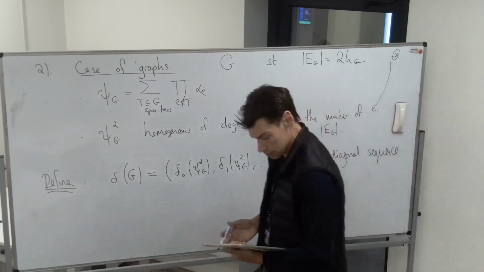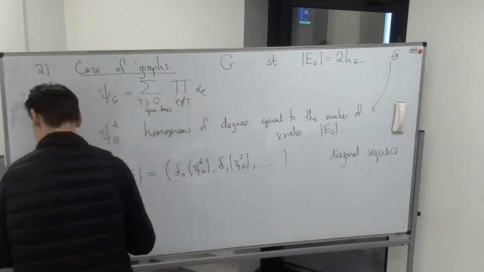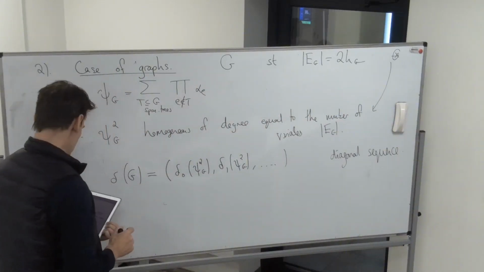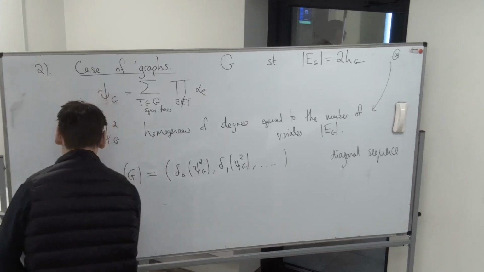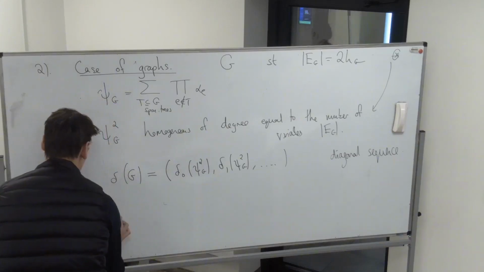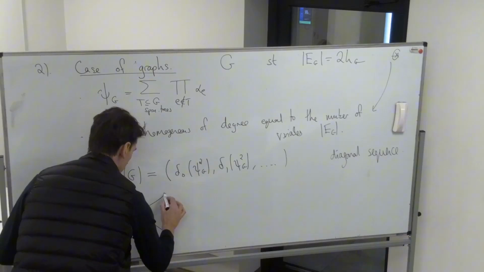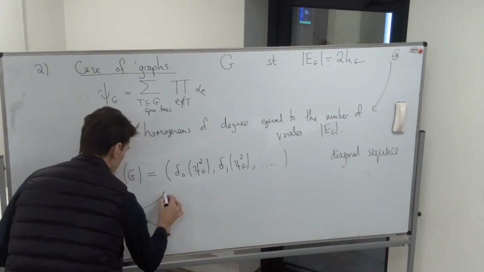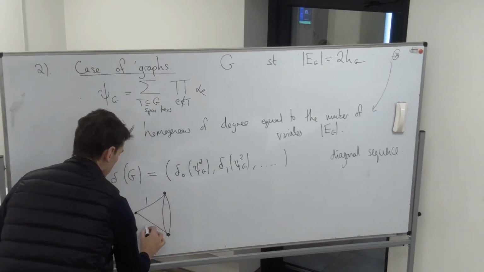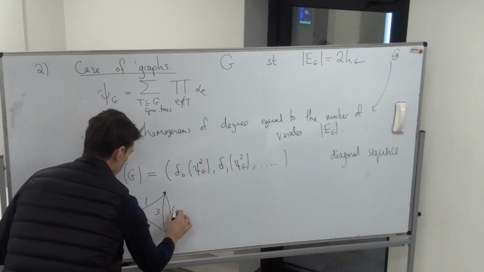So this is very, very recent work. I'll give references in a minute. So let's just do a very simple example. G is this graph, our favorite example, 1, 2, 3, 4.